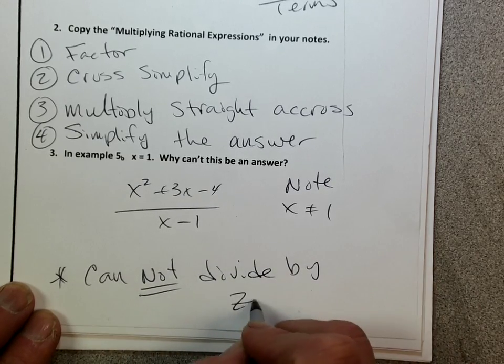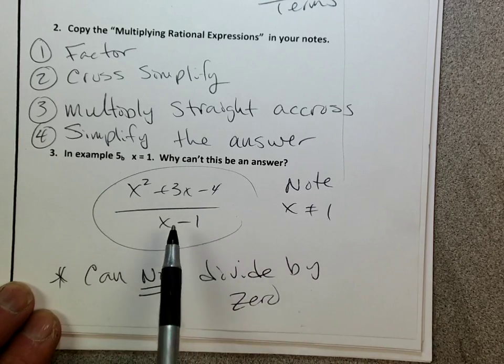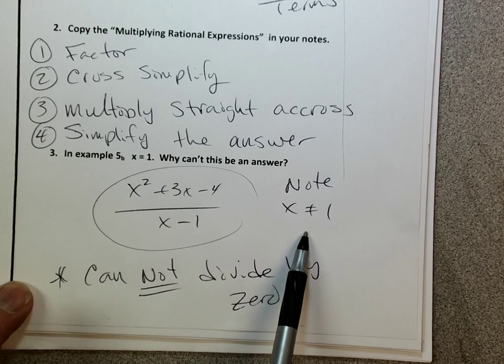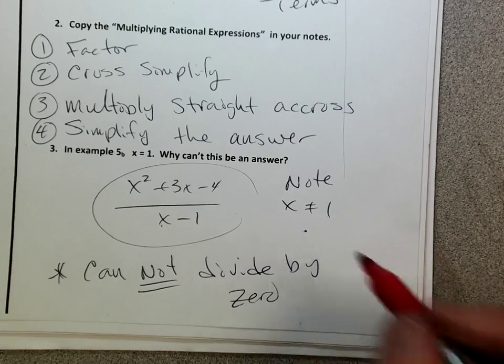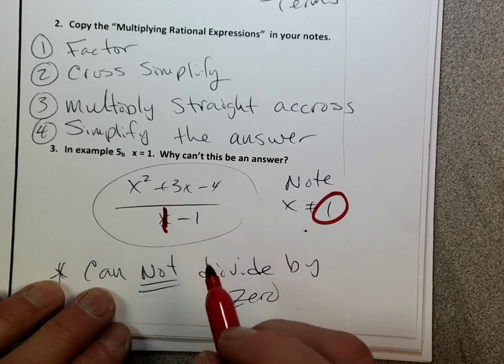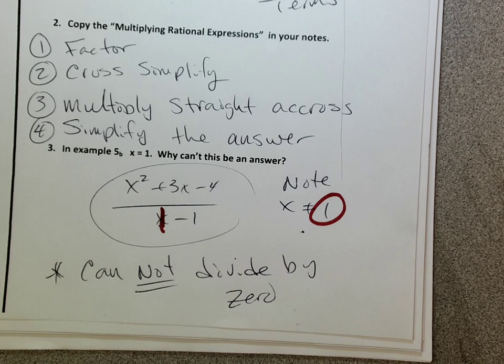So we're going to simplify this problem, but they make the side note over here for a very good reason. Because if x were 1, if I were to take the value of 1 and plug it in for x, I'd have 1 minus 1. And 1 minus 1 is 0, but you cannot divide by 0. In fact, if you try it on a calculator, if you want anything divided by 0, you're going to get an error, right? We tried that yesterday and it didn't work. In fact, if I can find a calculator, I'll put it in there for you. But oh no, of course I don't have a calculator.